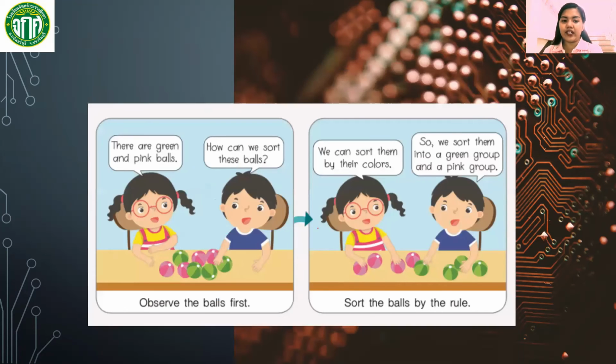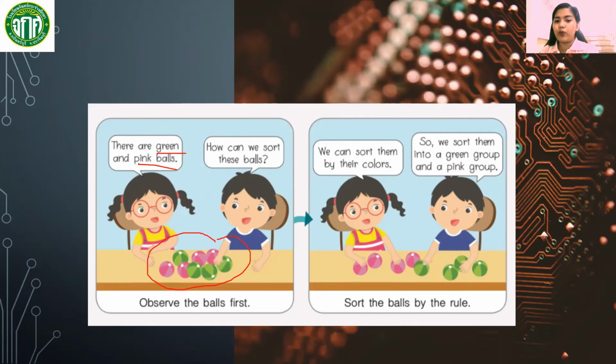We have another example here. There are green and pink balls. How can you sort these balls?